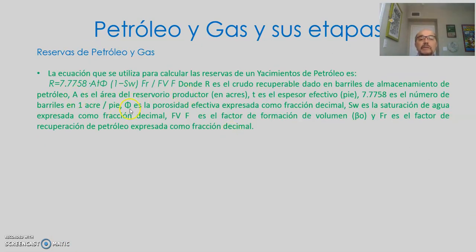Next thing we're going to talk about here is calculation of the reserves. When we do this, we know the area of our trap, and we know the water saturation. That tells us how much of that porous media is occupied by oil.